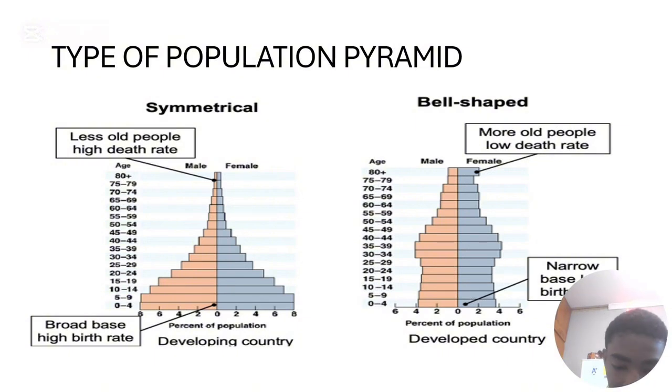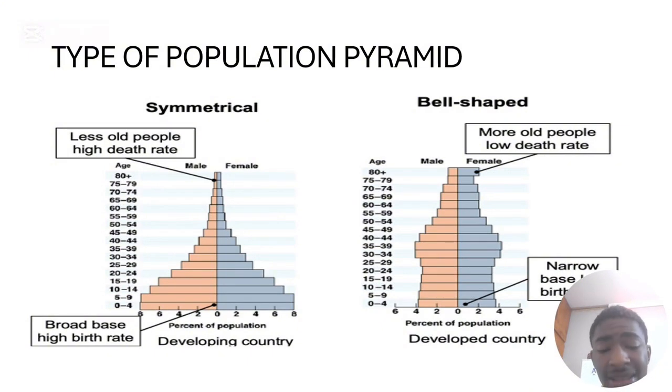And now let's compare these two population pyramids, right? As you can see, a symmetrical population pyramid represents a developing country, while a bell-shaped population pyramid represents a developed country, right? Why would you say a bell-shaped is more developed than a symmetrical population pyramid? That is because there are more old people and there's a low death rate, right?